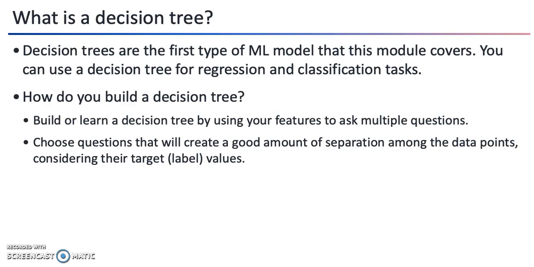But in a nutshell, what we would like to do is to exploit the information provided by columns or features to then ask multiple questions that can integrate the structure of a tree.